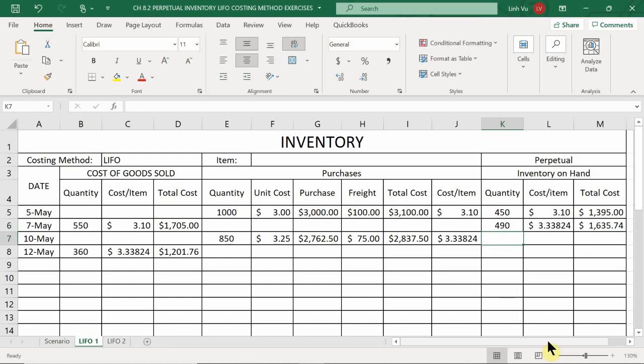Right, you get 490 units at $1,635.74. Okay. So then let's see what had happened next.